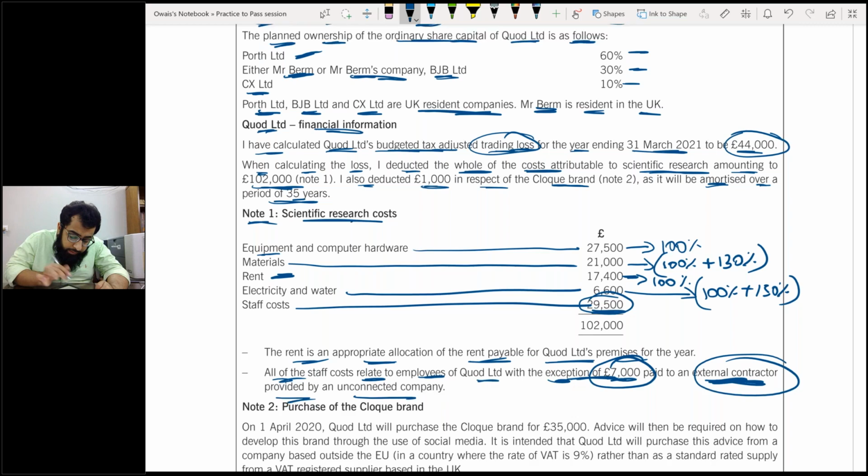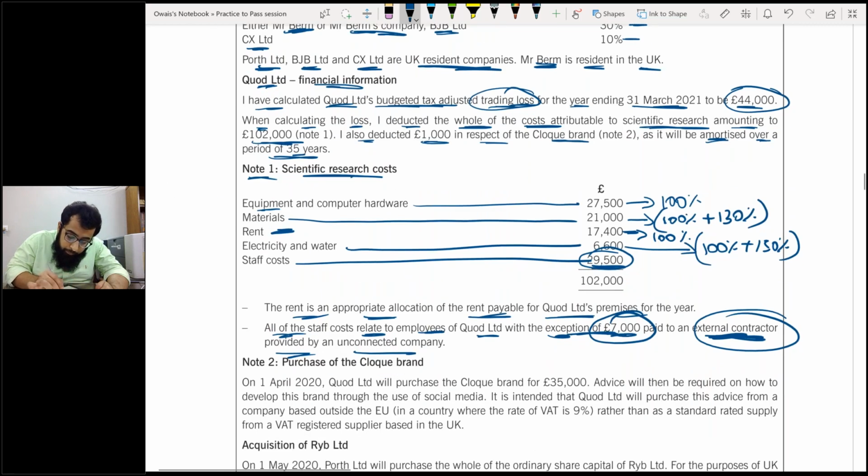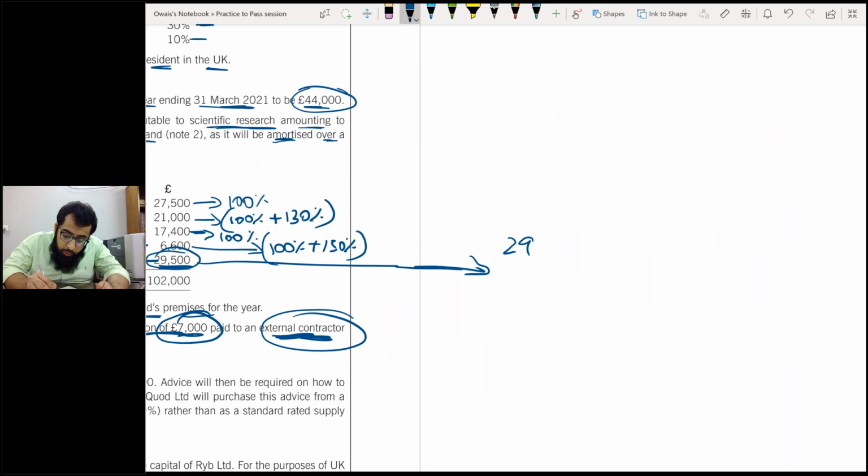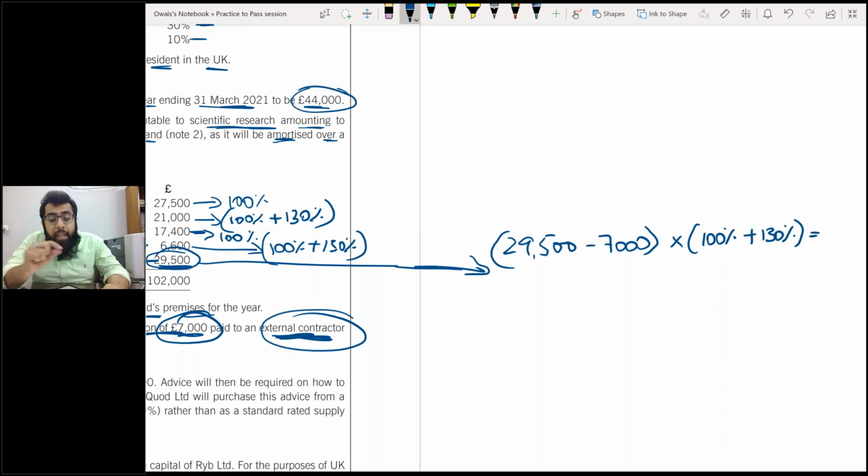So now please listen to it carefully. 29,500 minus 7,000, multiplied by 100 plus 130. 29,500 minus 7,000 because 7,000 is external staff, which means outsourced staff.